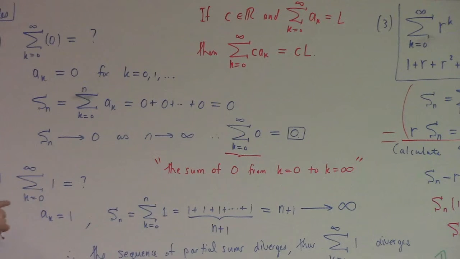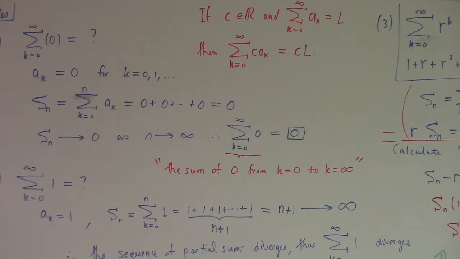Like here, this is the sum from k equals 0 to infinity of 1. Oh, I said it the other way here. Sorry. Anyway, now that I'm conscious of what I'm saying, I can't say it anymore. Oh no, I asked a question I shouldn't have asked. Now I'm confused. All right, I'm being silly.